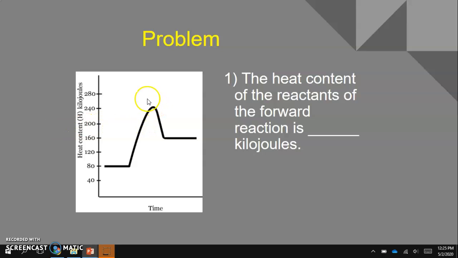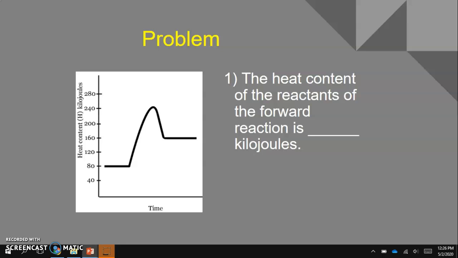And then at the top here where this peaks is our activated complex. And remember, that's just that kind of medium in between where the reactants are, how much energy it takes to get the reaction started, and then eventually that push to the products. So we're going to just take a look at this and how to identify the energy of our reactants, our activated complex, our products, and then how to tell whether or not these are endothermic or exothermic reactions.